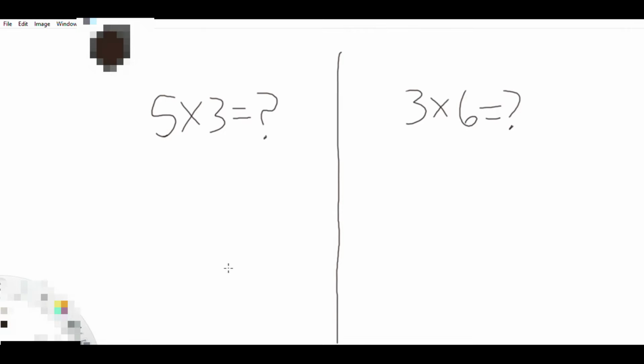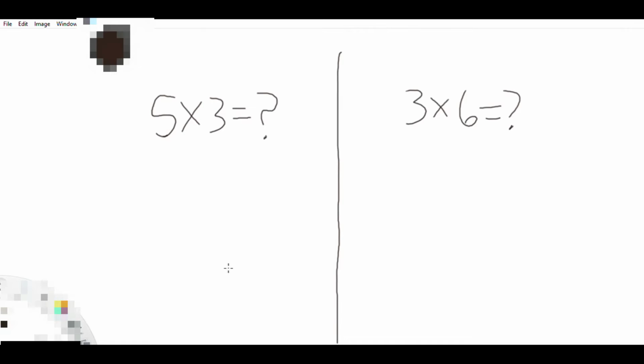It's like two groups of five, maybe two plates with five apples each, so 5 plus 5 is 10. That's how multiplication works. So we're going to take a look at these examples here. Okay, let's get started.